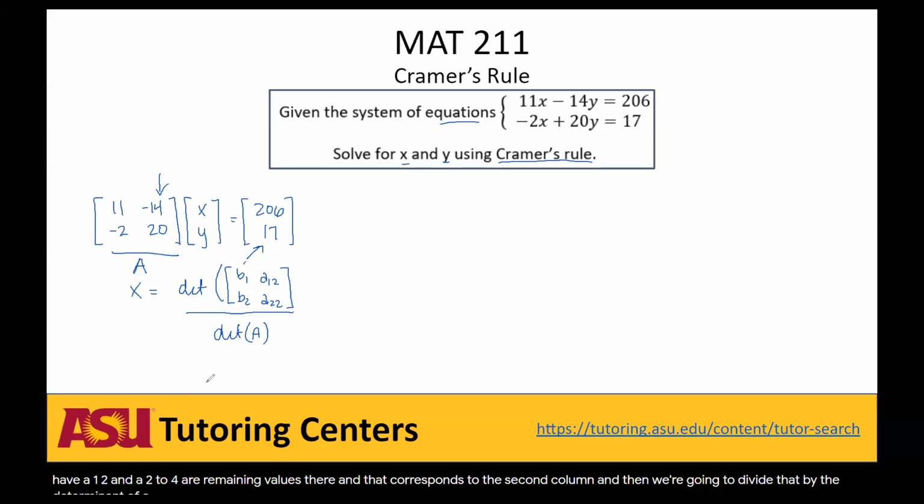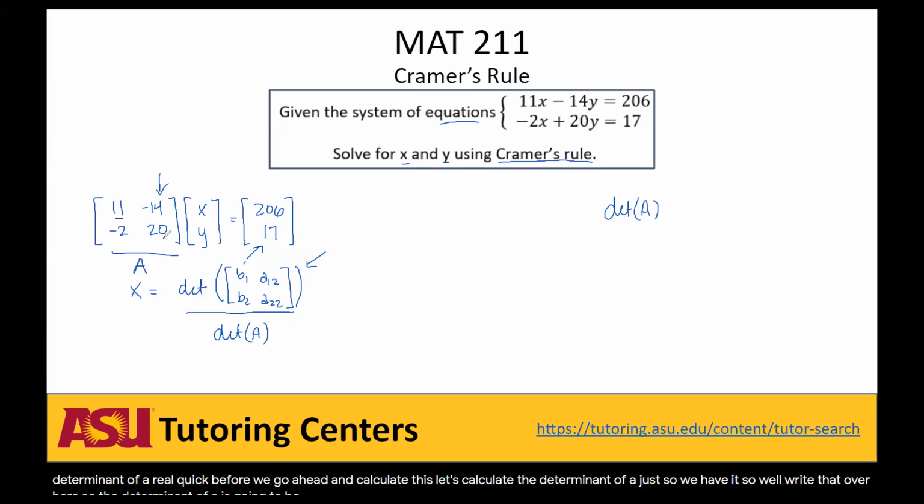Real quick, before we calculate this, let's calculate the determinant of A so we have it. We'll write that over here. The determinant of A is going to be 11 times 20 minus -14 times -2.